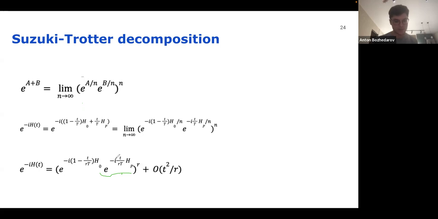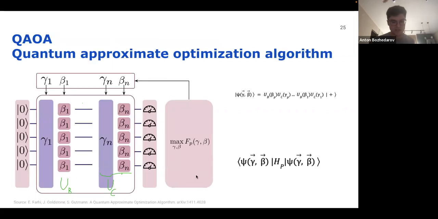The term that corresponds to H0, the initial Hamiltonian, is used as several gates with index B, and the other is known as the gate with index C. They are based on some parameters. This is the general form of the algorithm that is used to discretize adiabatic quantum evolution.